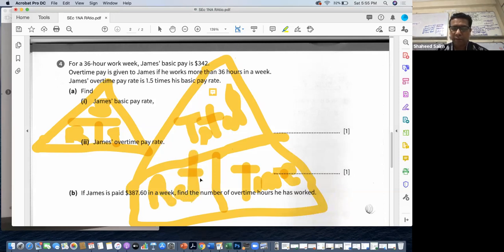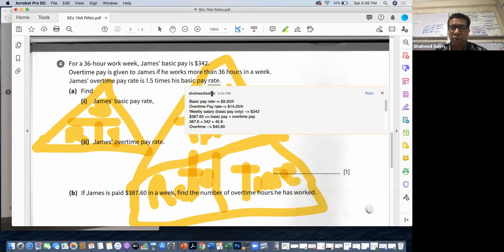Now, you have the rate, $14.25, and you want to find the time. They give you the total. To find the time, cover time: total divided by rate. So what's the total? $45.60 divided by the rate, $14.25. How much do you get?